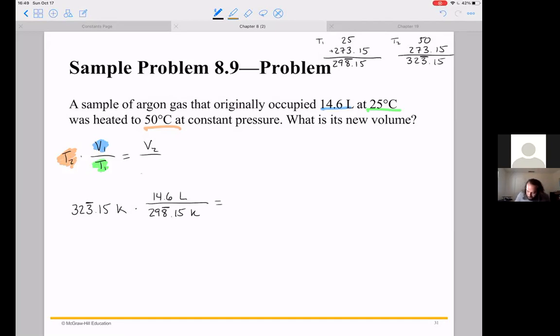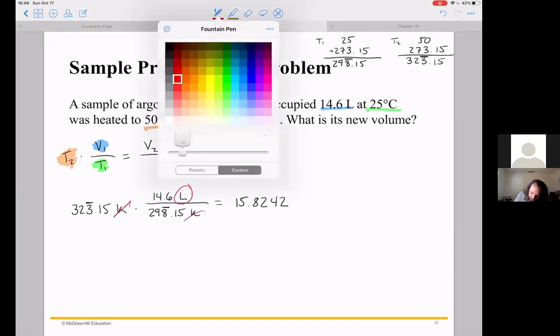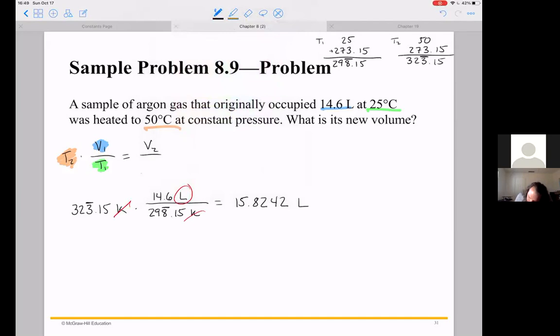Punch that into my calculator, I would get 15.8242. Go back and pay attention to units. Kelvin cancels out. I'm left with liters. That's great. That's what I want.